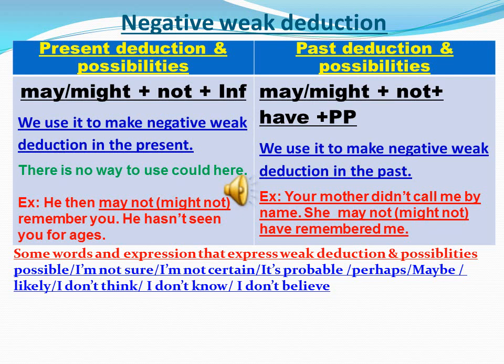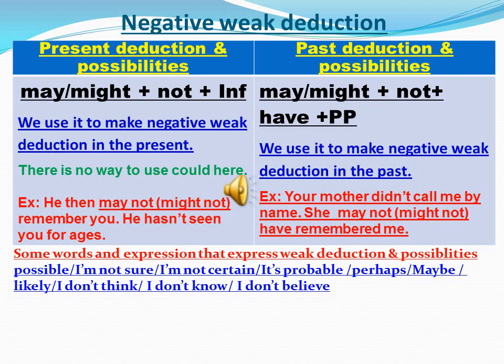We can use may or might not plus infinitive to express negative possibilities in the present, and we can use may or might not have plus past participle to express weak deduction and possibilities in the past. As mentioned in this example, your mother didn't call me by name. She may not or might not have remembered me. Oh, it's possible that she didn't remember me.